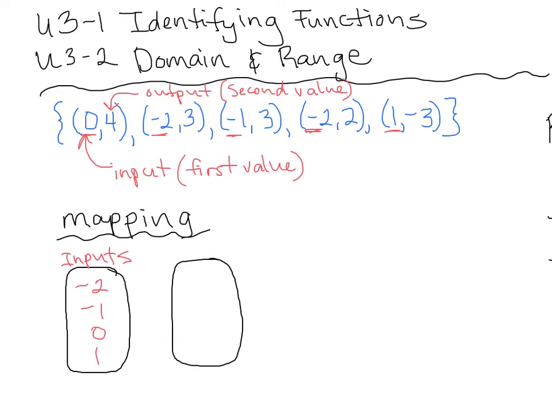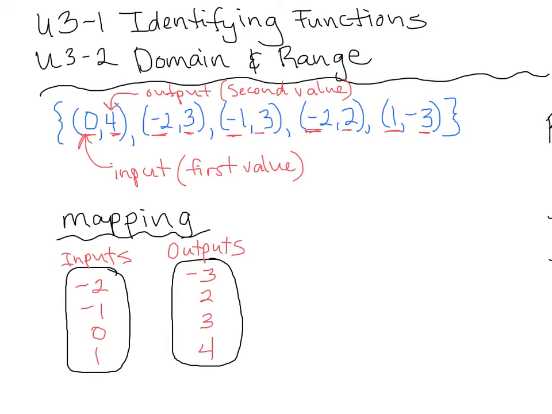Now the outputs go in the box on the right. Okay, again, I don't need to list any repeats if there are any. I see, let's see, 4, 3, 3 again, 2, and -3. So in order, -3, 2, there's a +3 and a +4.